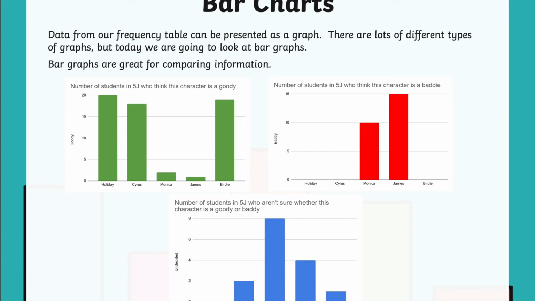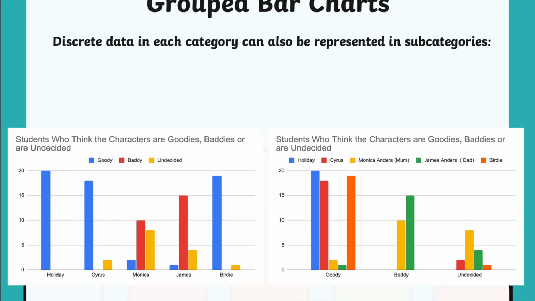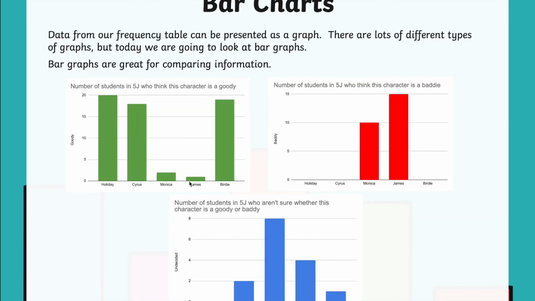Now, I can also create, with this same data, a grouped bar chart. Now, a grouped bar chart is taking subcategories and representing data with subcategories. So what I mean is, in this one, I had to have separate graphs for whether each character was a goodie, a baddie, or undecided.